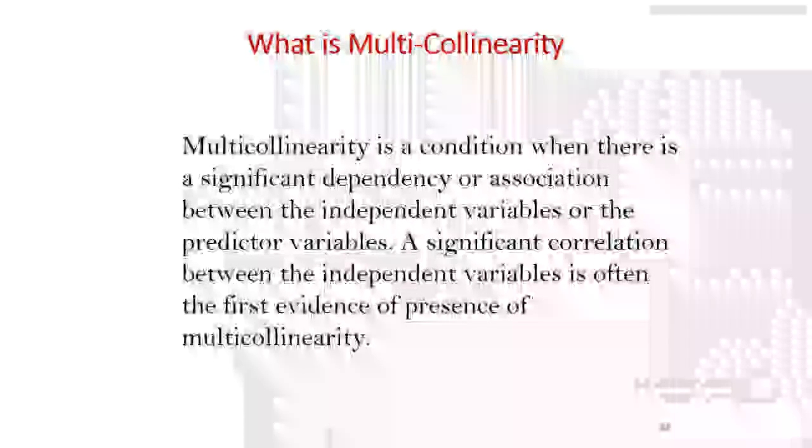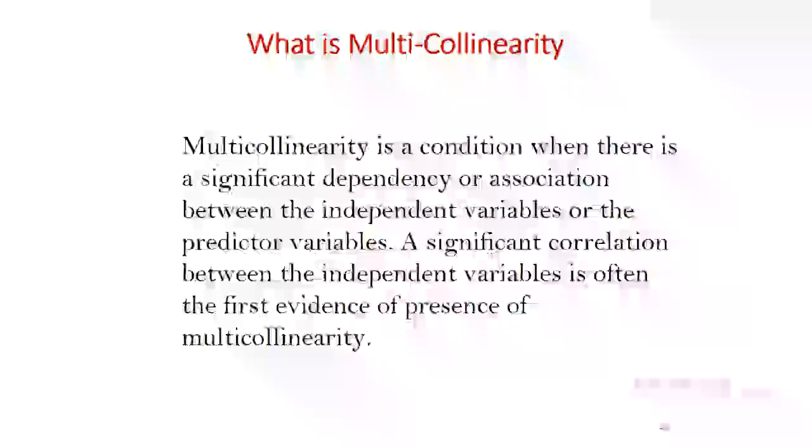Let me frame multicollinearity: it is a kind of condition. If you see a dependency or association between the independent variables, or predictor variables (a predictor variable is nothing but an independent variable), a significant correlation between independent variables is often the first evidence of the presence of multicollinearity.